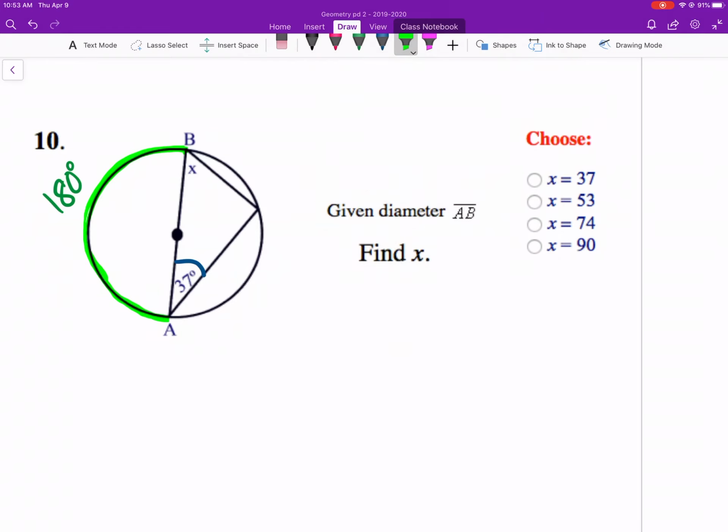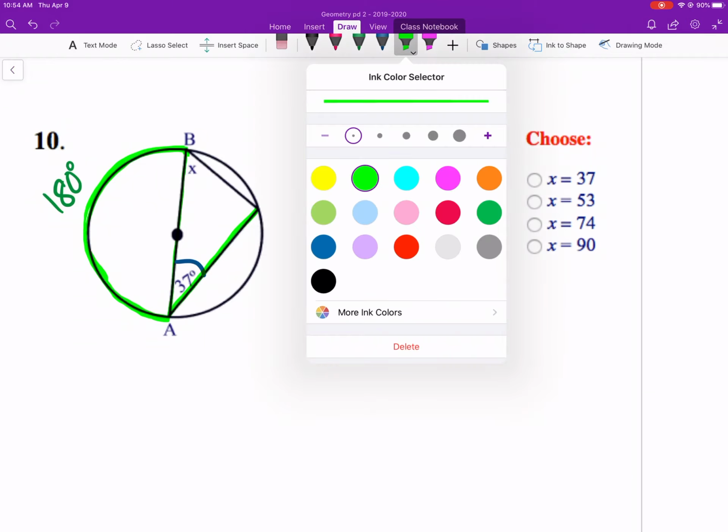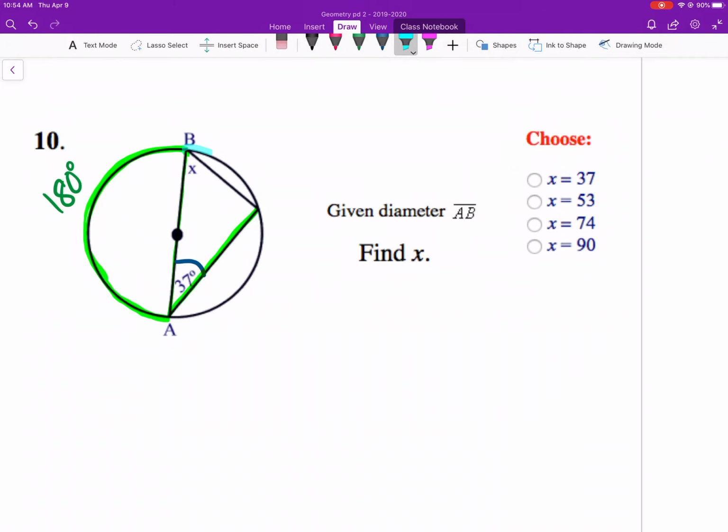Remember, that opens up and hits this arc over here. So that arc is equal to double the inscribed angle.